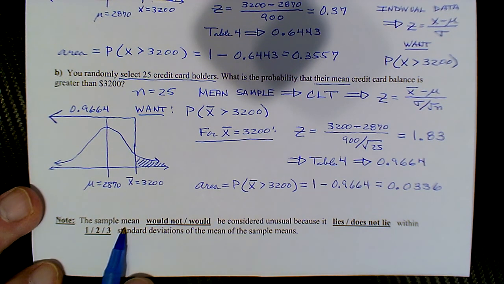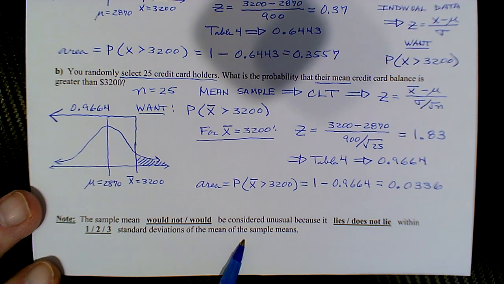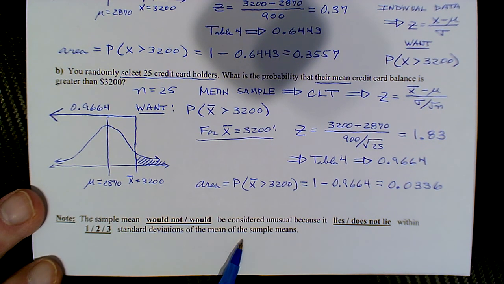Alright, so then just a little question at the bottom. It says the sample mean would or would not be considered unusual because it lies or does not lie within 1, 2, or 3 standard deviations of the mean. Now remember, if it's more than positive 2, or less than negative 2, that's unusual.